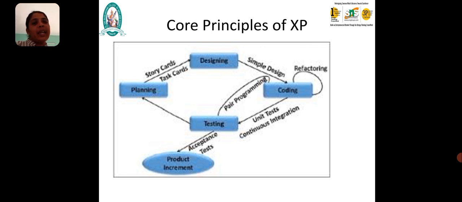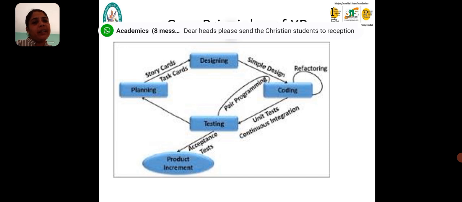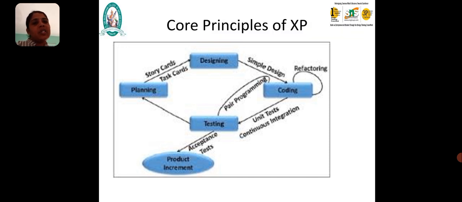They collect the details in story card and task card manner. Next, designing means simple design should be there. It should be clearly defined, including the language, what type of language, and the cost estimation required for creating new tools and software. Everything we have to analyze.